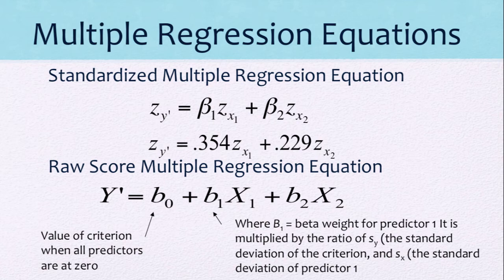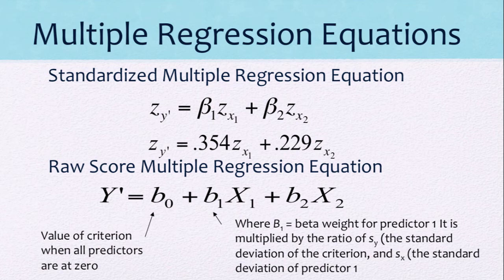So based on this regression equation and the standardized slopes, we can see that aptitude accounts for more of the variability in high school grades than does study hours, just looking at their standardized slopes here and comparing the two. Clearly, the aptitude slope is 0.354, whereas the slope for study hours is 0.229.